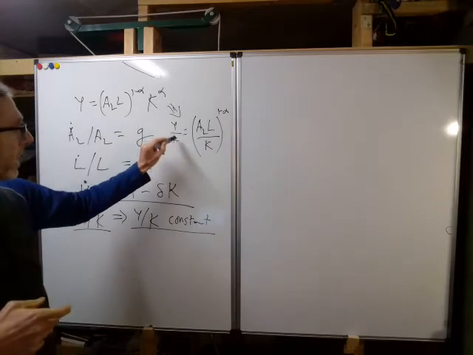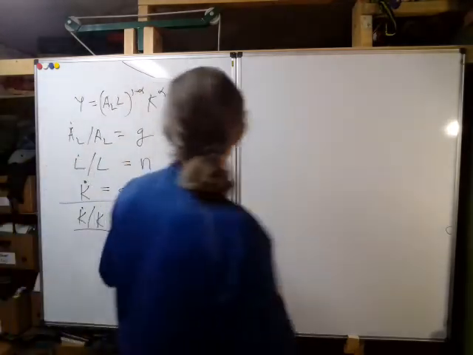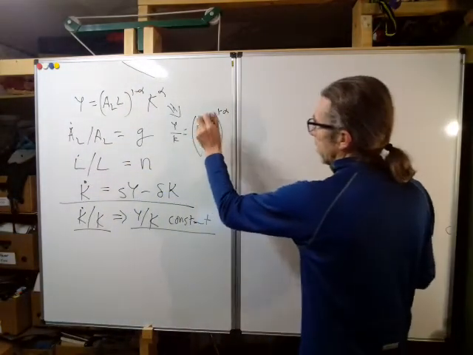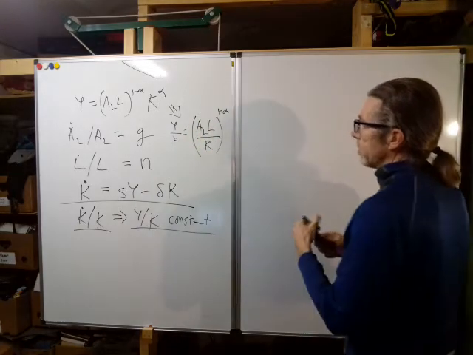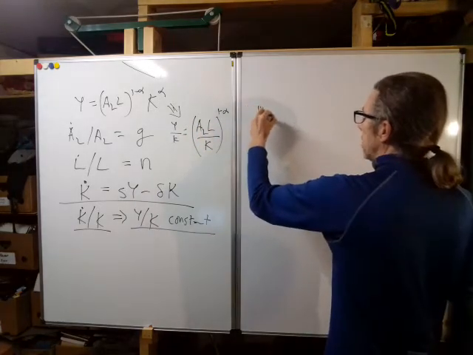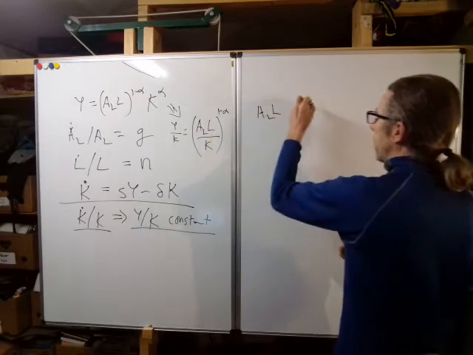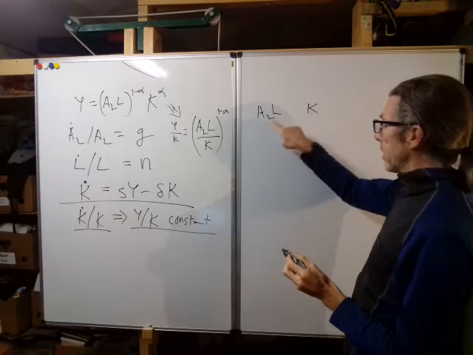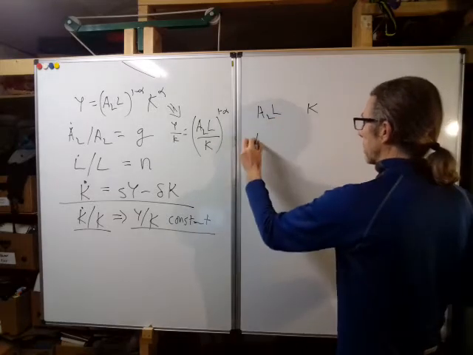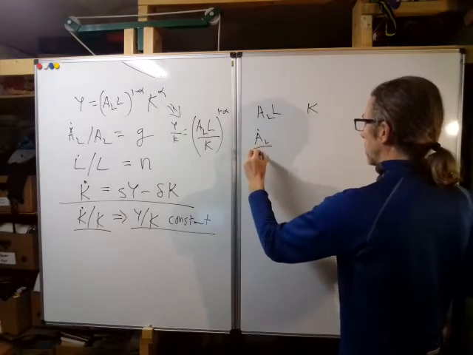So y over k is constant. That means that this is constant, which means that AL is growing at the same rate as k. The growth rate of the product of two things is the sum of their growth rates.